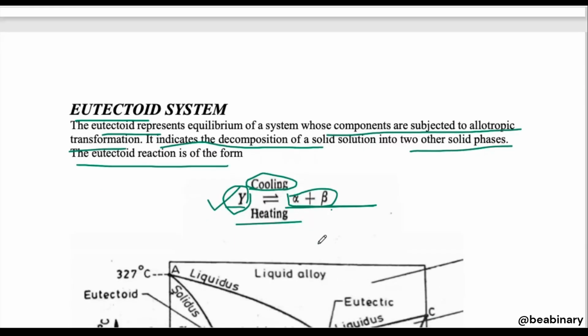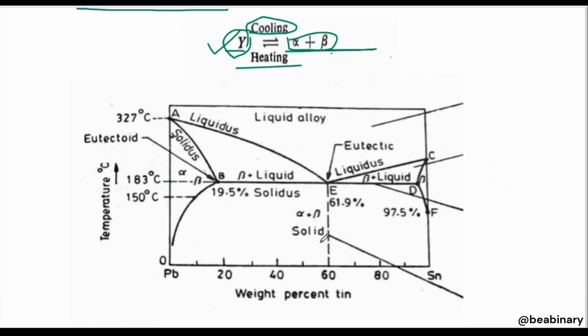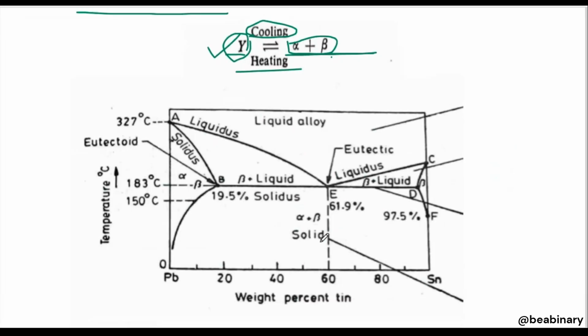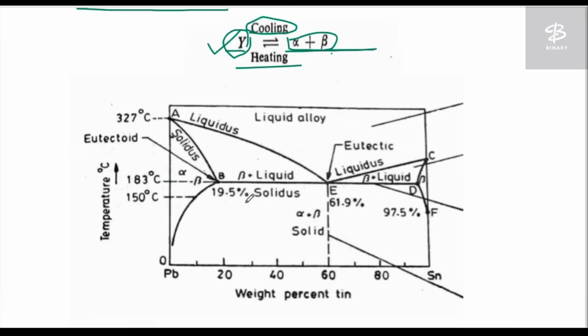This is the eutectoid system. Here you can see that this particular point, B, is the eutectoid point. How? This is your liquidus line: A to E is a liquidus line, and again E to C is a liquidus line.